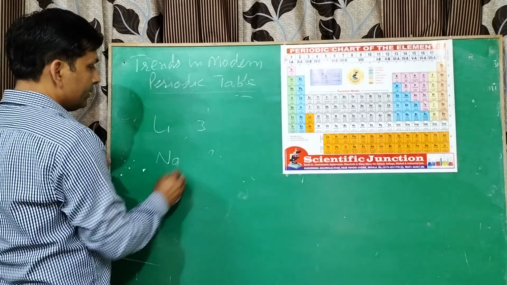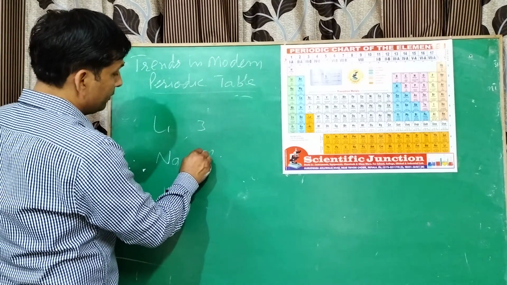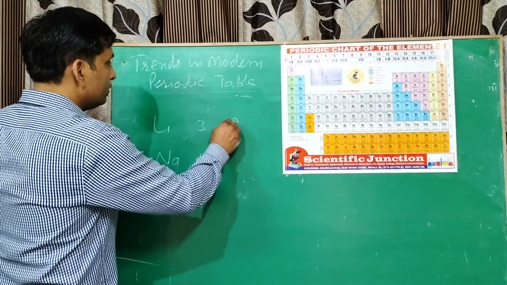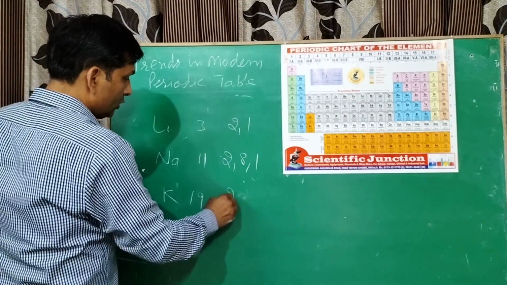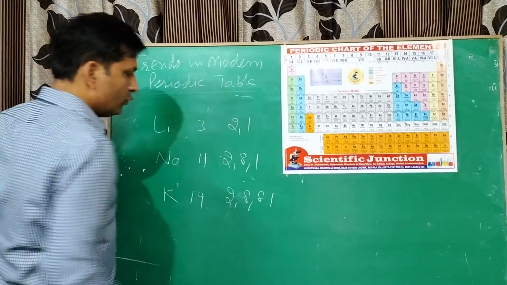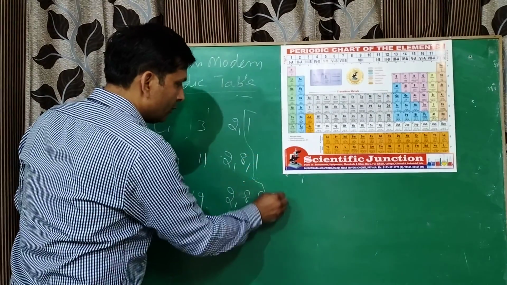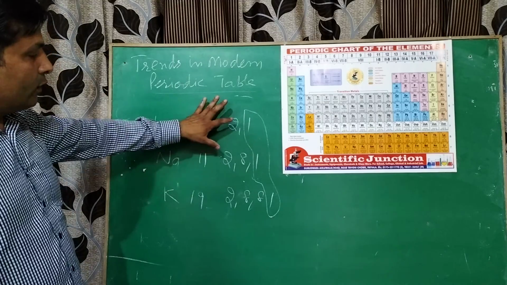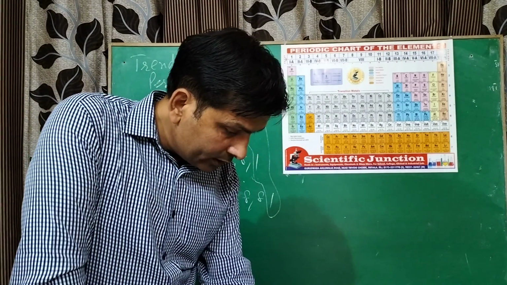Atomic numbers 3, 11, 19, with configurations 2,1, then 2,8,1, then 2,8,8,1. What is common in them? They all have the same number of electrons, that is 1 electron in their valence shell. That's why they all show the same chemical properties.